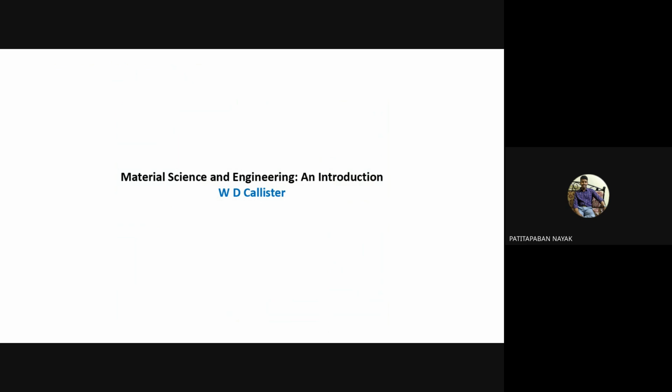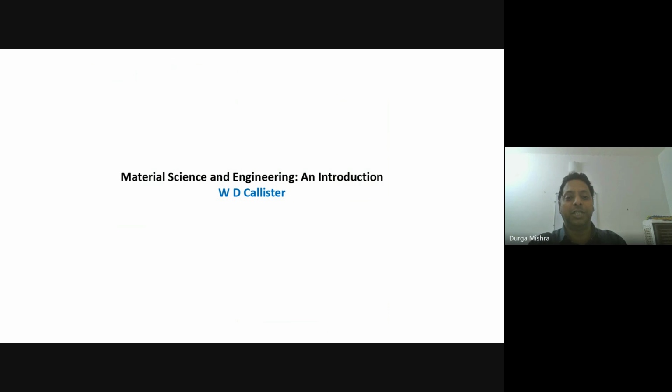Okay. So whatever I taught today is from this book: Material Science and Engineering: An Introduction. This is by Callister. I think there are one or two more authors, but the primary author is Callister. This is a classic material science book, and I will be following this book.